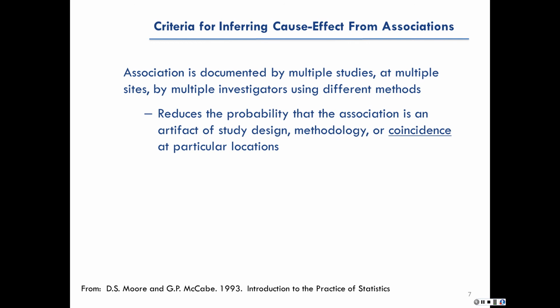For one thing, we would want the association to be documented by multiple studies at multiple sites by multiple investigators using different methods. This would reduce the likelihood that an association is just an artifact of a particular study design or methodology, or just a coincidence.